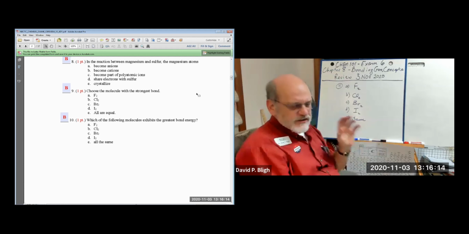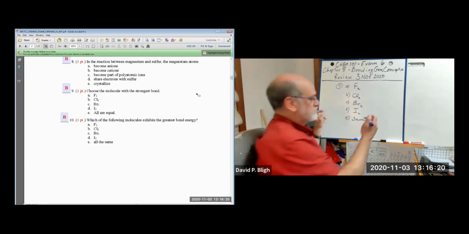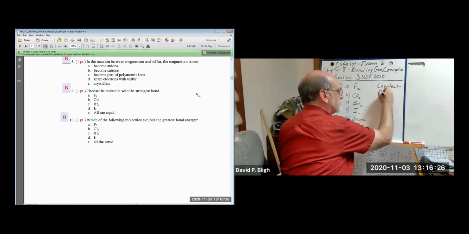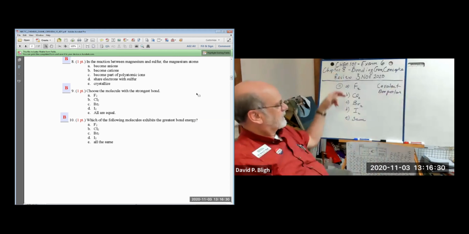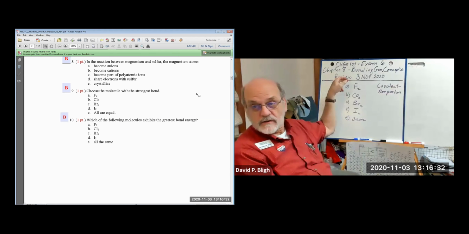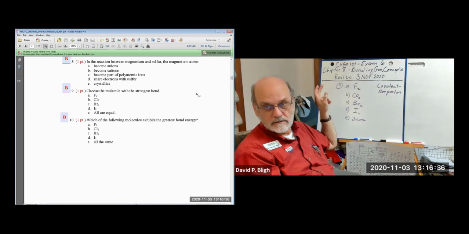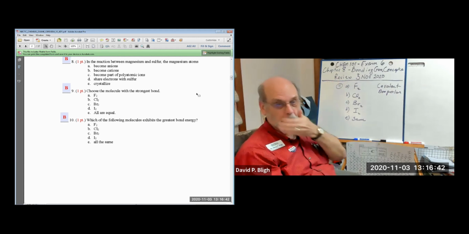If we just say, since all of these bonds are covalent, that's true. And they're nonpolar. Why? Because both atoms have identical electronegativities to one another. So they're going to be covalent, they're going to be nonpolar.